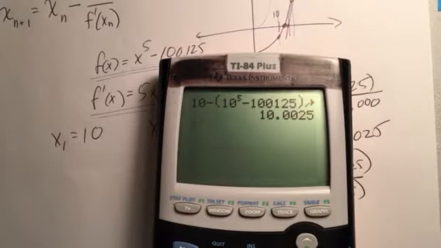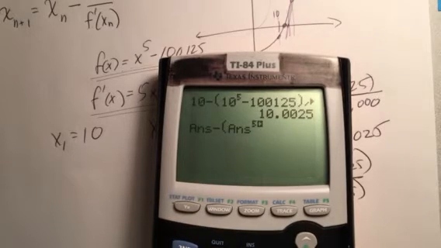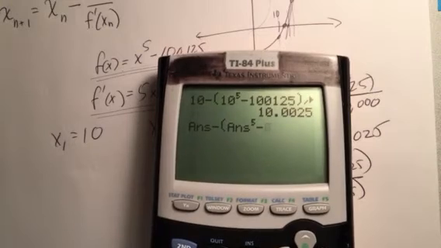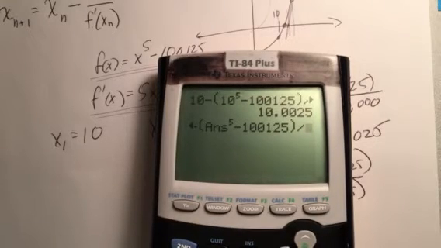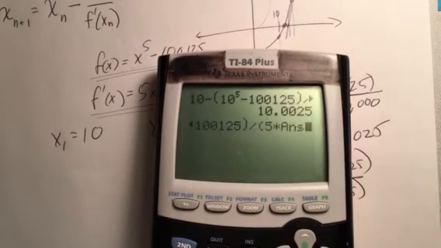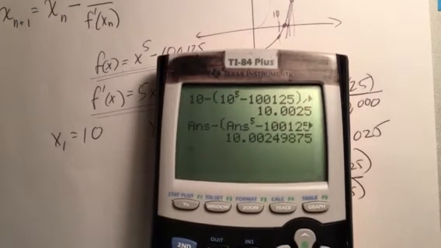Okay, so now I'm going to do minus, and then in parentheses second answer caret to the 5th, then minus 100,125, because this is our original function, divided by parentheses 5 times second answer caret to the 4th, close parentheses, hit enter, and there it is.